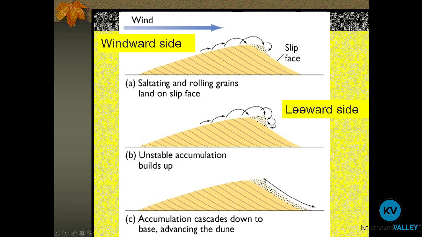A new layer will start to build up until it can't hold it anymore, and again it collapses, and eventually we get several layers of this. It builds up over time, and this is how we can tell what direction the wind has been flowing throughout the construction of this sand dune. In this case, it's pretty clear that the wind was moving in this direction, because that's the direction that it is collapsing, or the side with the slip face.